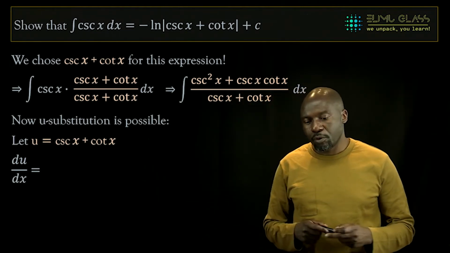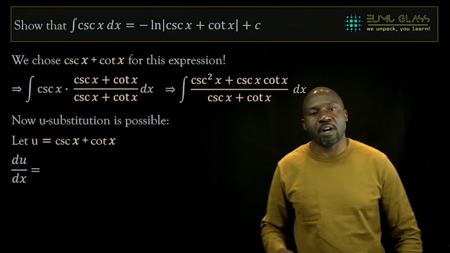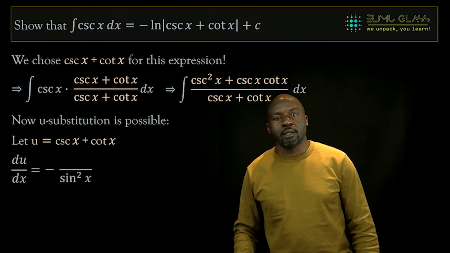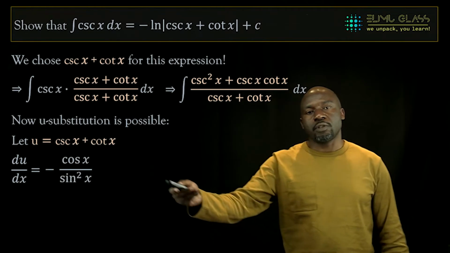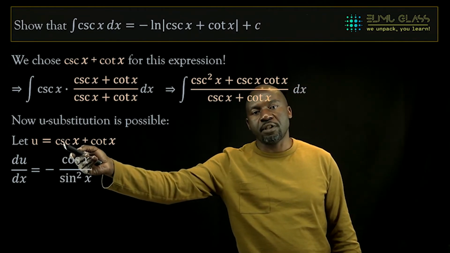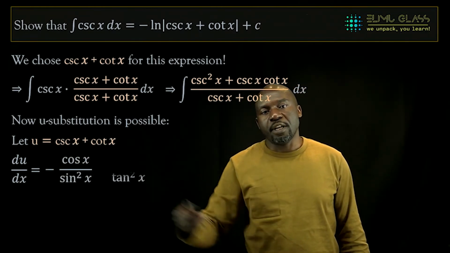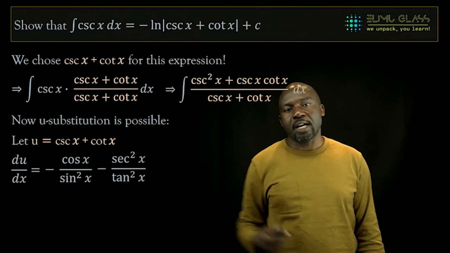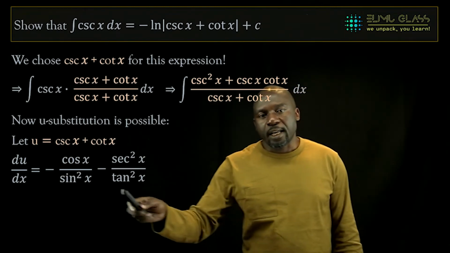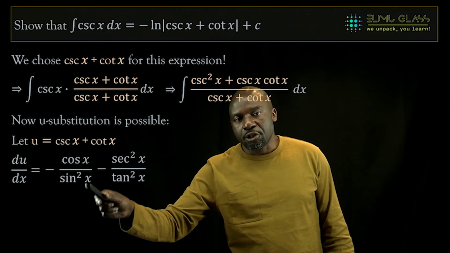Based on what we have just found, this is the result for the derivative of cosec, and for the derivative of cot we found that. Now I can split that into 2.